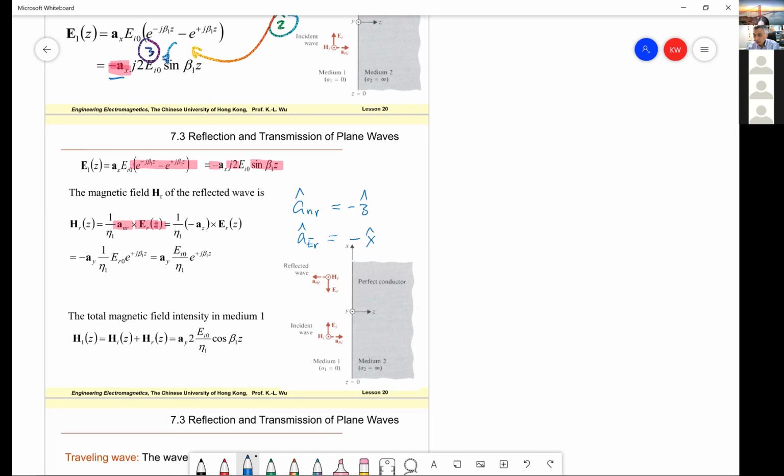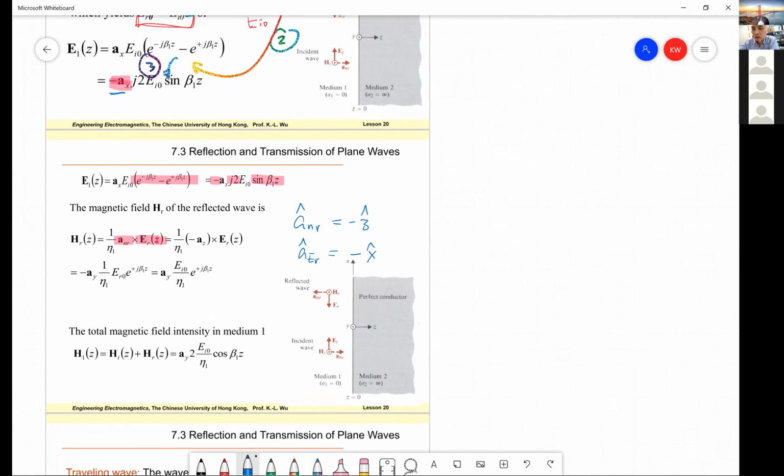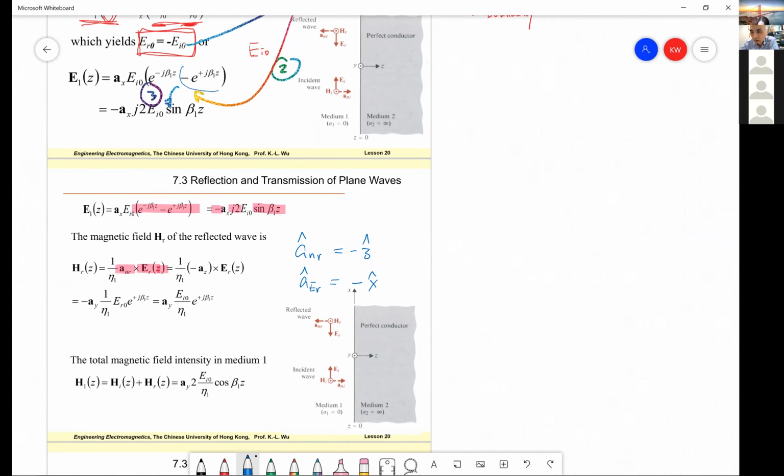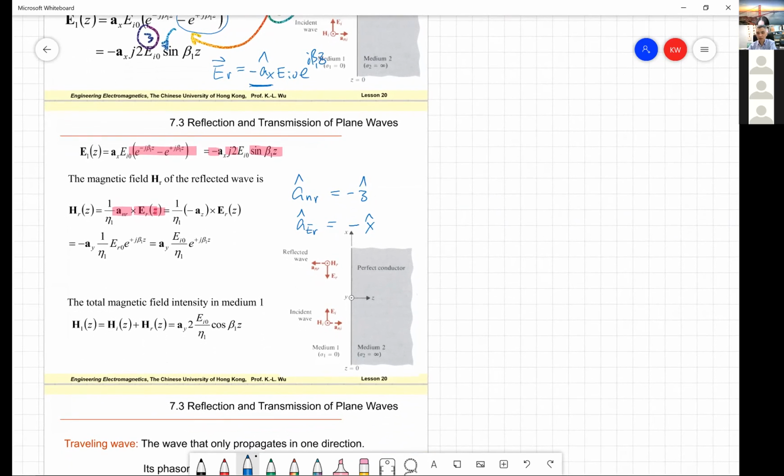Oh, sorry, I shouldn't call this that; this is the total field. This is the reflected wave, which is in minus AX, with E_i0 and e^{jβz}.